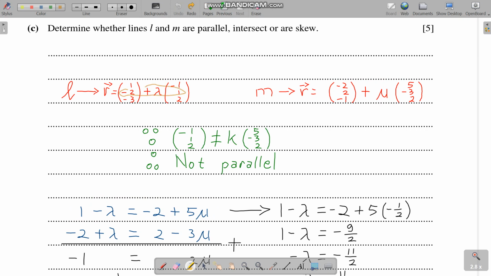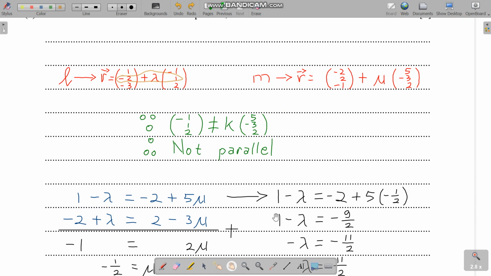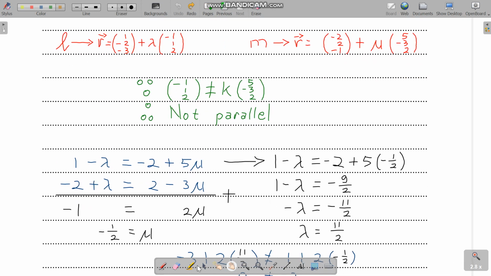And for the y: minus 2 plus lambda equals 2 minus 3 mu. So just use the first two equations, substitute or eliminate to find lambda and mu. Here we can add directly and lambda cancels out. So we have 1 plus minus 2, that's minus 1, and 5 plus minus 3, that's 2. So we have mu equals minus 1/2.